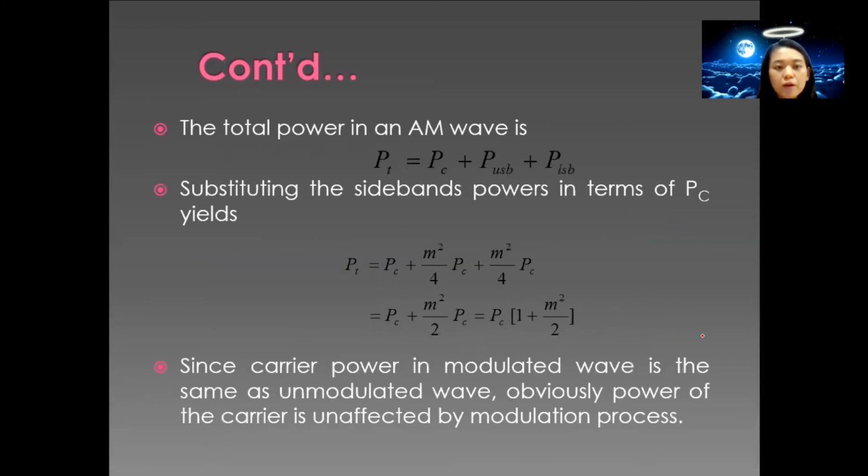Then we recall that the total power of the AM wave is P total equals PC plus P upper sideband plus P lower sideband. We can also write the total power in terms of PC: P total equals PC plus M squared divided by 2 PC, or PC multiplied by 1 plus M squared divided by 2.